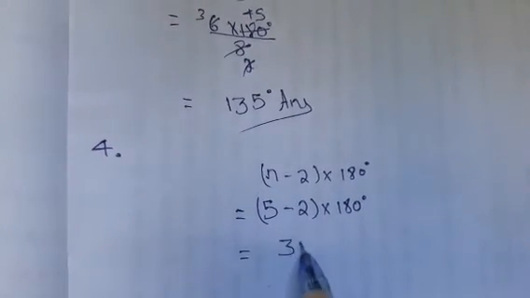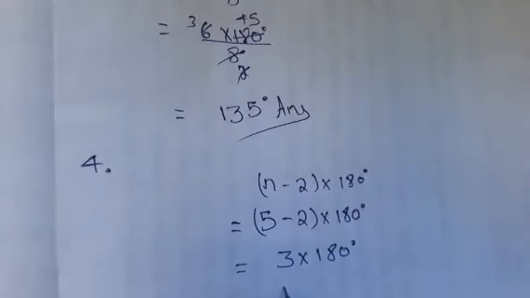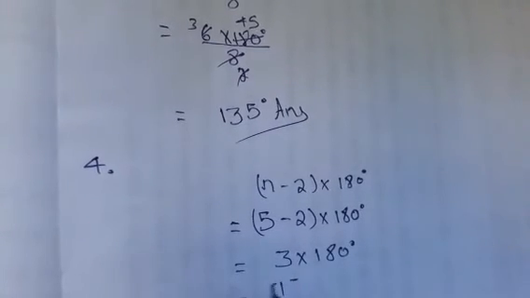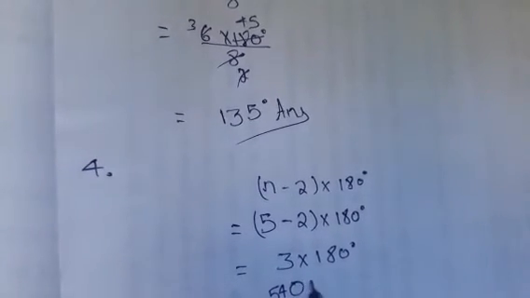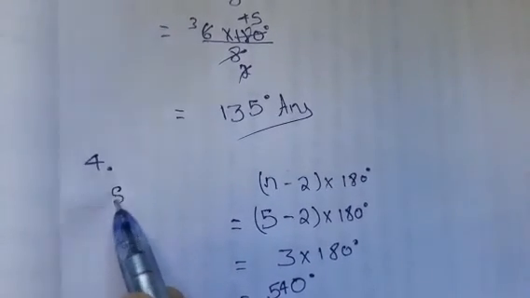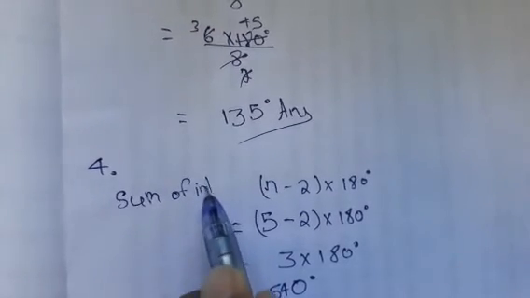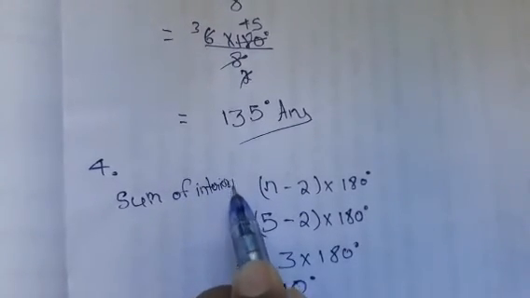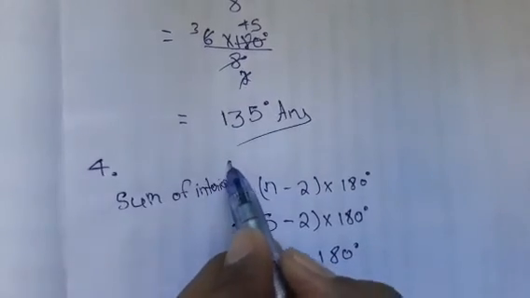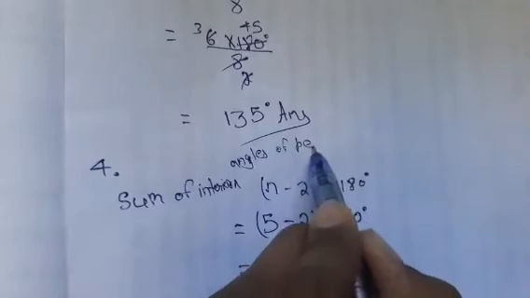That's 3 into 180 degree, which is 540 degree. You have to write here also the sum of interior angles of a pentagon.